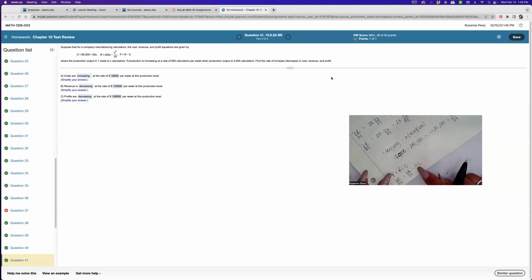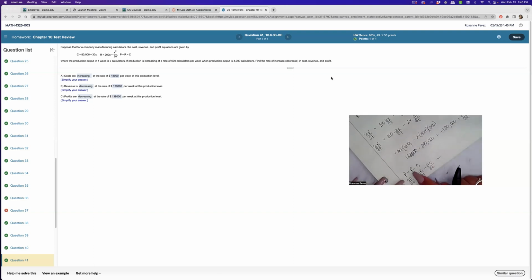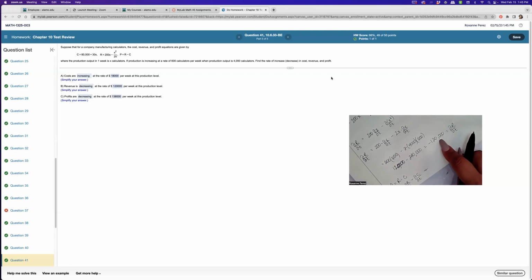The rate of change in your cost with respect to time was 18,000 up here, and the change in your revenue with respect to time is the number we just calculated, negative 120,000. So we're just going to plug those values in. So this is going to equal negative 120,000 minus 18,000, which is going to give us a negative 138,000.